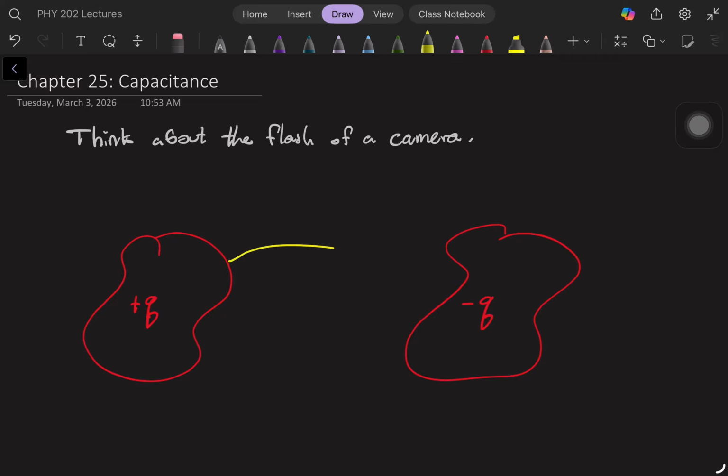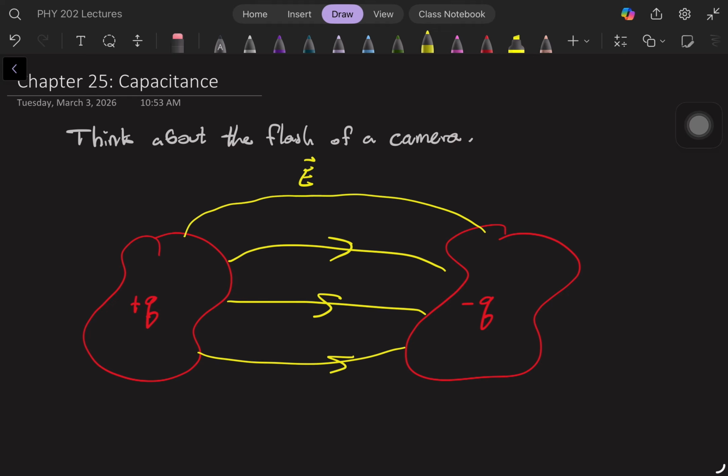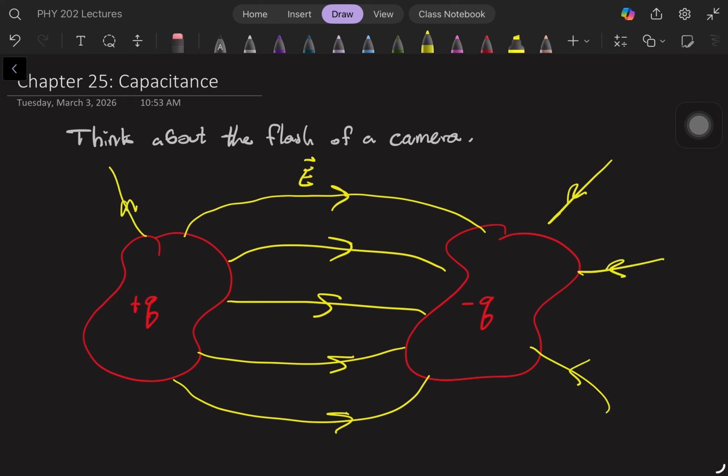If you have these two shapes, you're going to have electric field lines going in between them. Maybe you have some stray ones coming around the back. However, you have a pretty strong electric field in between these, which is the incentive for charge to flow.